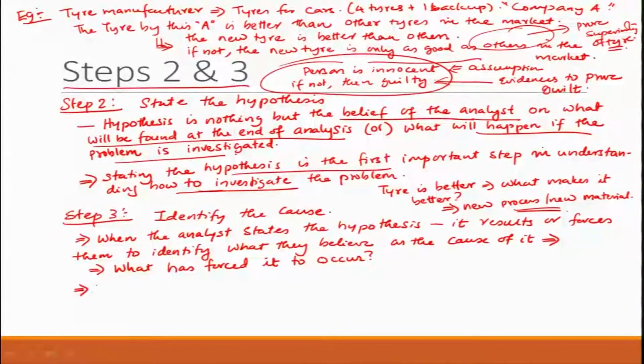Typically in statistics terms, this identified cause is known as the independent variable.